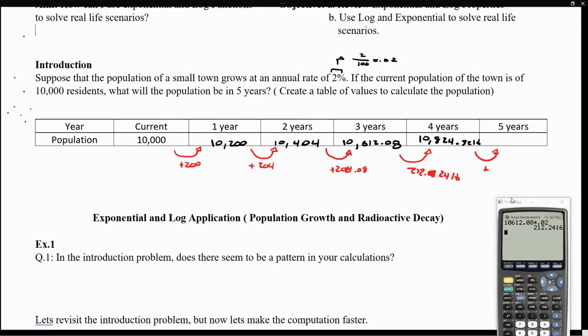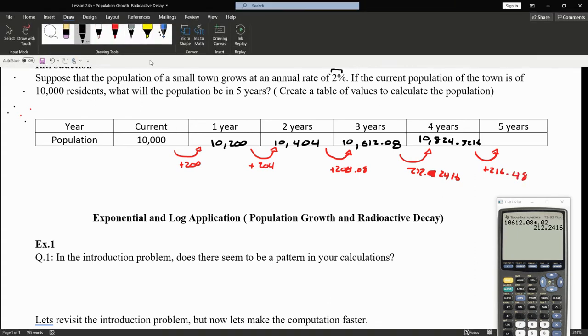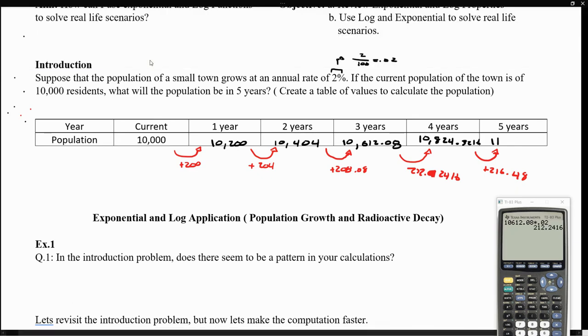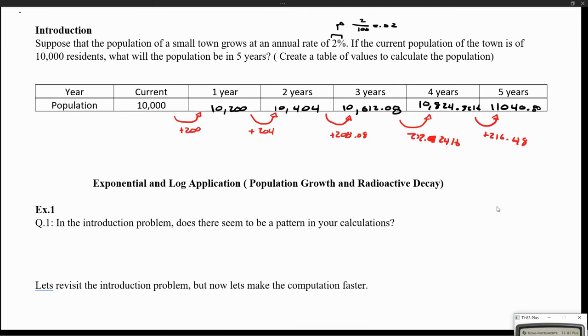If we compute 2% of that, that'll be 216.48, and that gives us a grand total of 11,040.8. So after 5 years, if the population keeps increasing by 2%, in the fifth year we get a grand total of 11,040.8 residents.